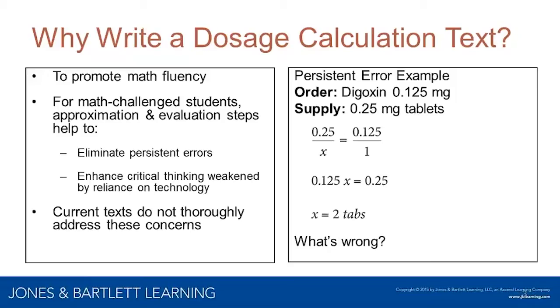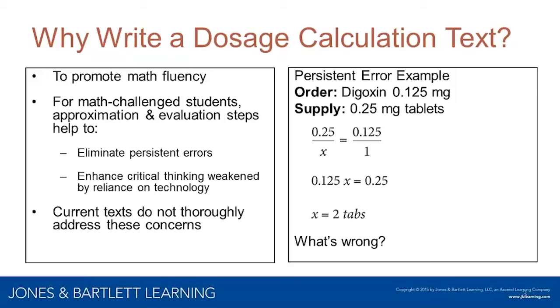And this easily occurs when students are confused as to where to place the quantities, or do not include labels when they record the calculation. Some students actually set the problems up correctly, but they do the math backwards. So using an approximation and evaluation step will reveal to the student that the answer of 2 tablets doesn't make any sense.